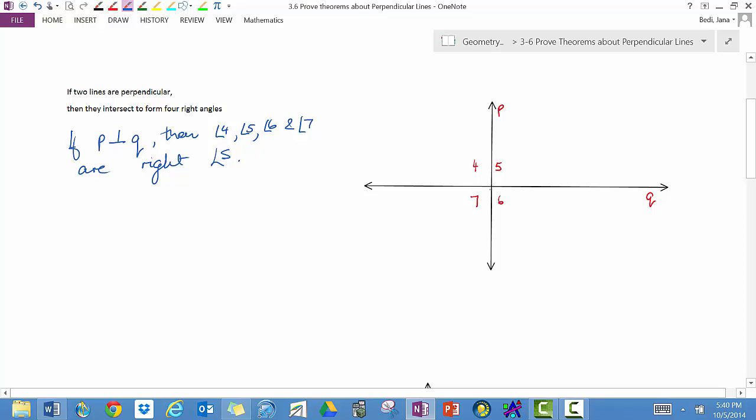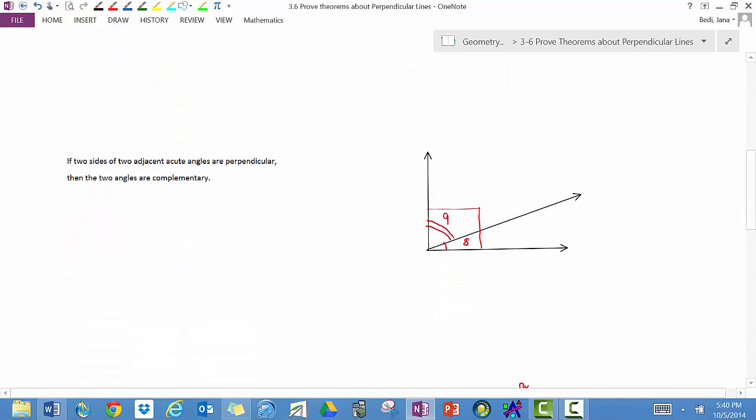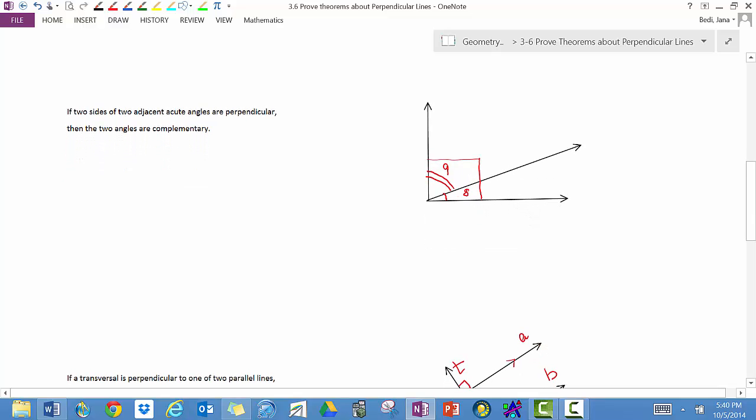And now I can go ahead and draw my four little angles. Note that if you're given two lines and you know one angle's congruent, when they intersect, then the other three also have to be congruent.